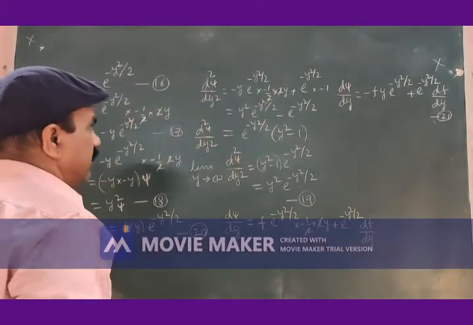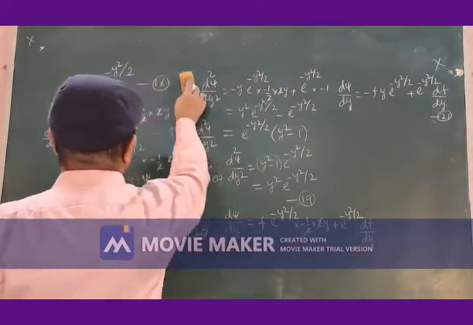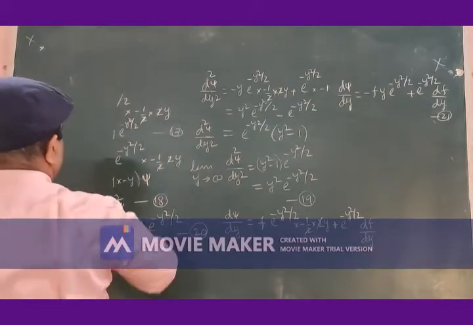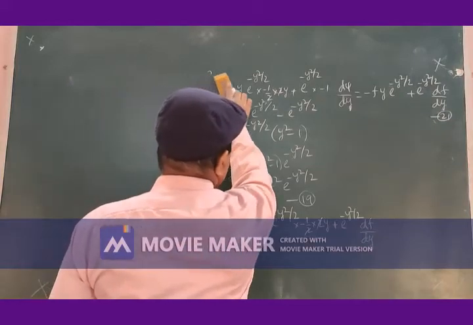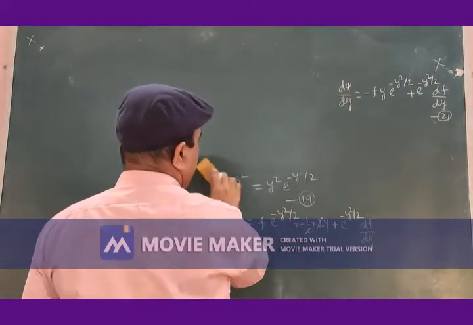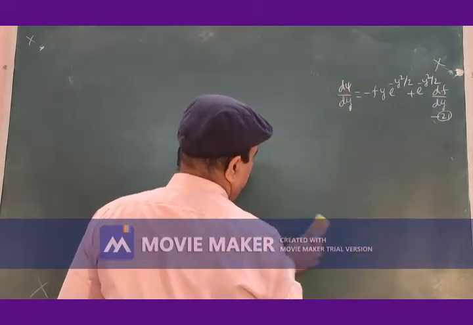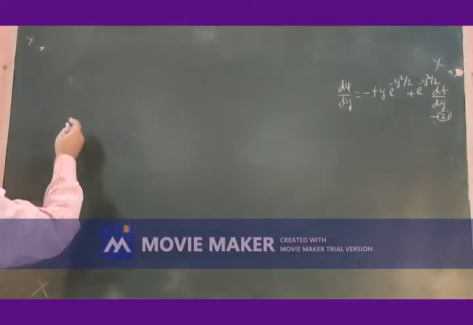Then let us further differentiate equation 21 to get d2 psi by dy square.